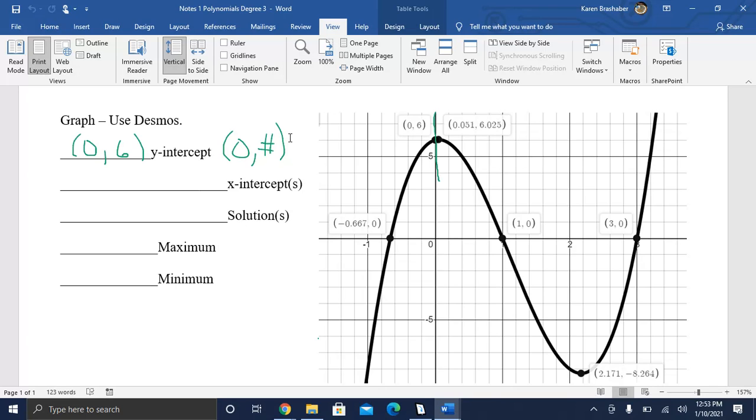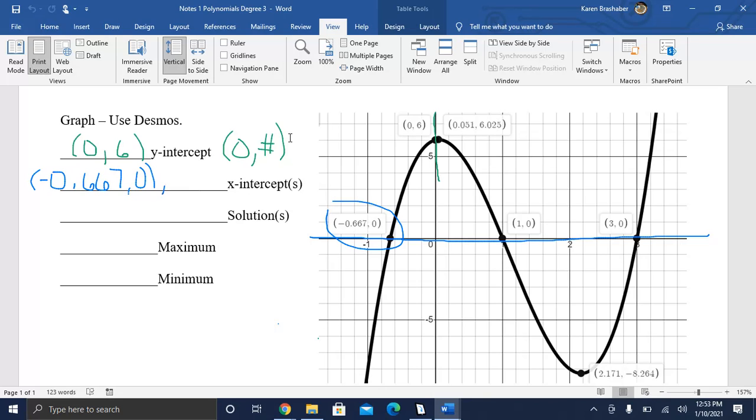Now, your x-intercepts, most of the time with degree 3s, you'll have more than one. The most number of x-intercepts you could have for a degree 3 is 3 of them. You're looking for the points that are on the x-axis. So the first one here is negative 0.667, 0.